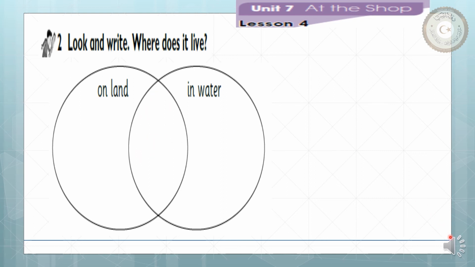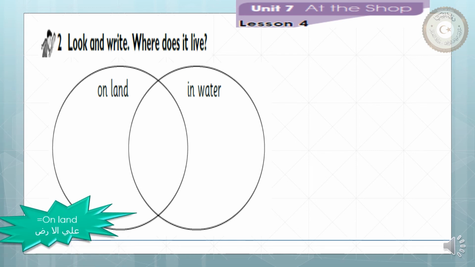So remember, we have three areas to classify the animals according to the place where they live: on land, in water, and in the middle, the intersection area, in water and on land.